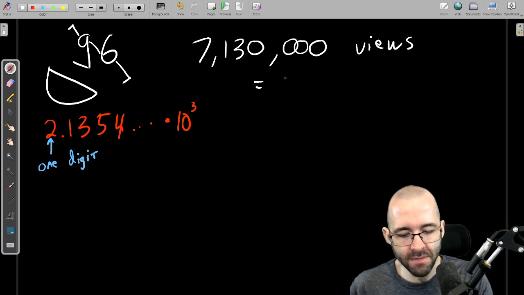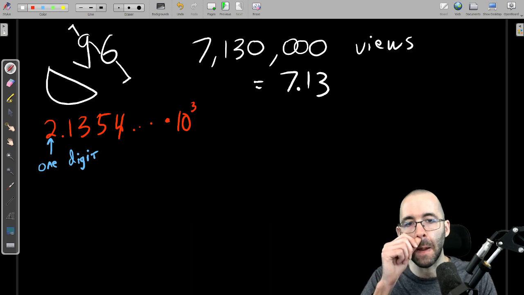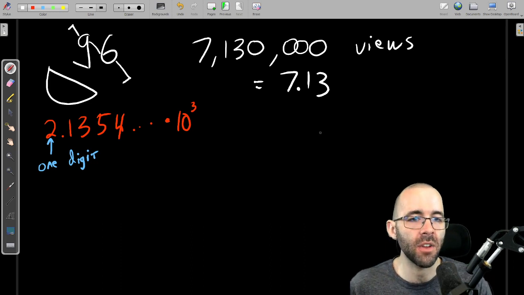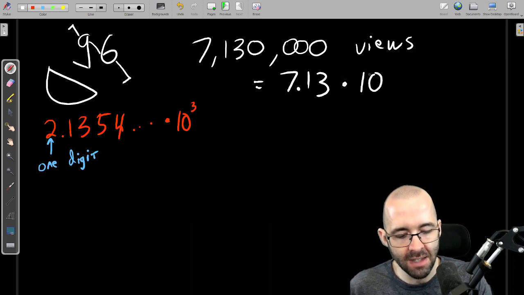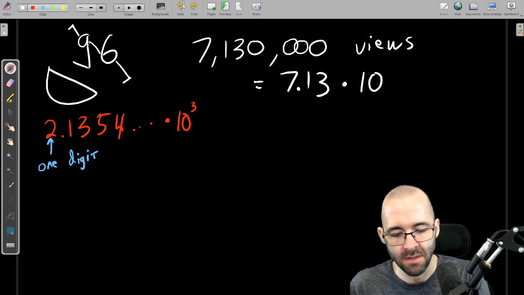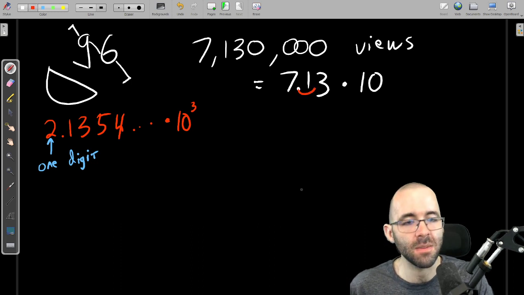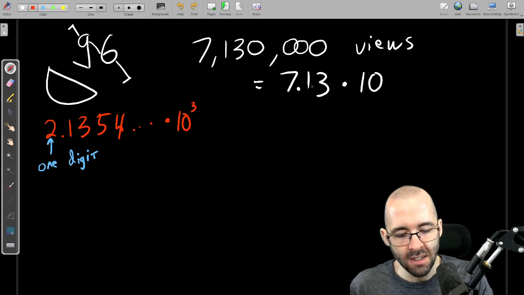So here, this is going to be 7.13. That's what we need. And the question is, when we multiply it by 10, sometimes we use an x for multiplication. You can also use this multiplication sign. What's the exponent? Well, if we just multiply it by 10 to the first power, that would move this decimal place once. 10 squared would move it twice.